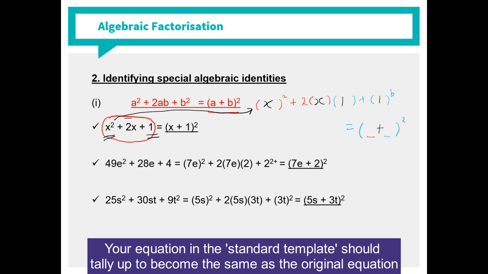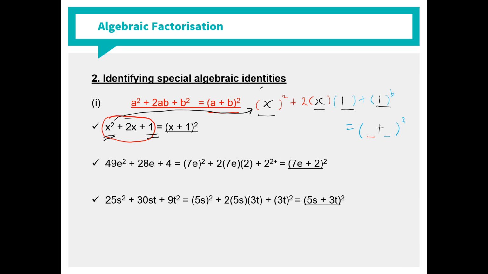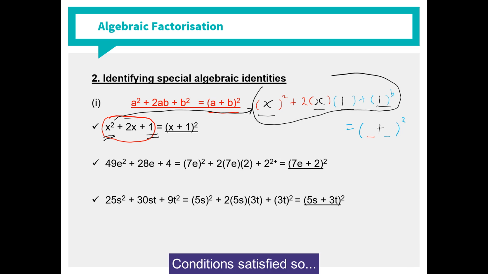So let's check over here. I have this one in the red bracket and this one in the blue bracket. They should tally up to become x squared plus 2x plus 1. So this works out, right? Condition satisfied.